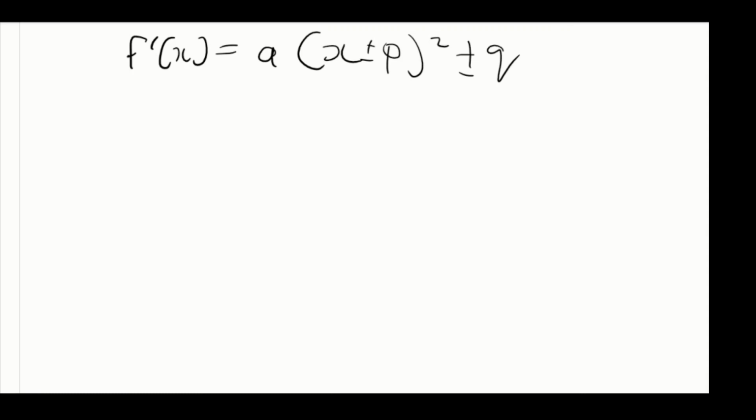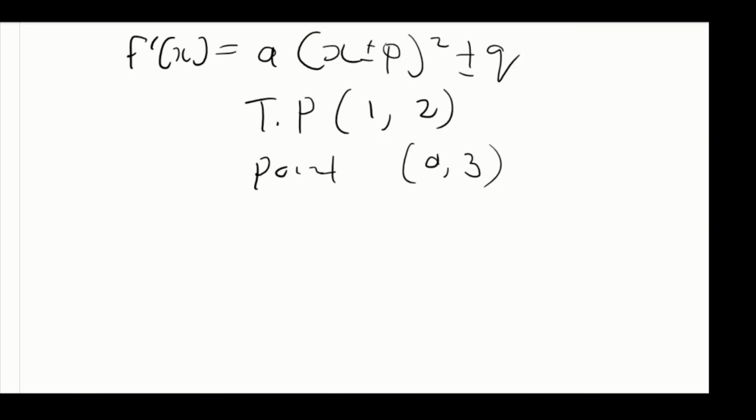We can simply write f prime of x equals a(x plus or minus p) squared plus or minus q. Our turning point is given as (1; 2) from the diagram, and we have a point which is at (0; 3). We also know that the x value of the tangent is equal to 1.